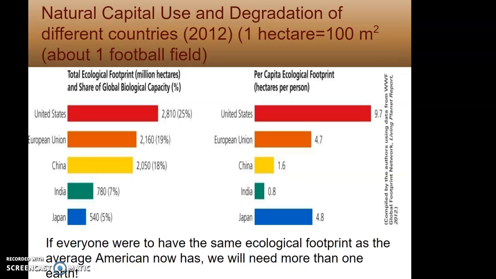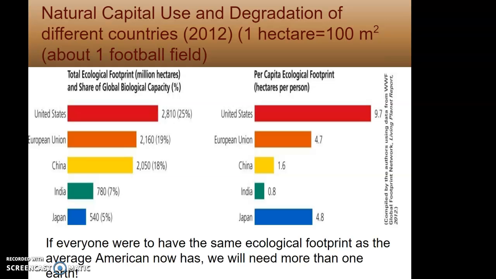So look at the top one, America. The whole country uses 2,810 million hectares. And then individually per capita, this one uses 9.7. So the average American, one person, uses about 10 football fields per year to support your need, which is ridiculous.